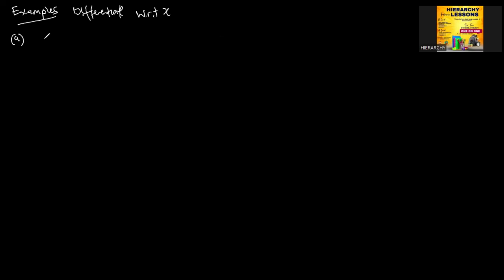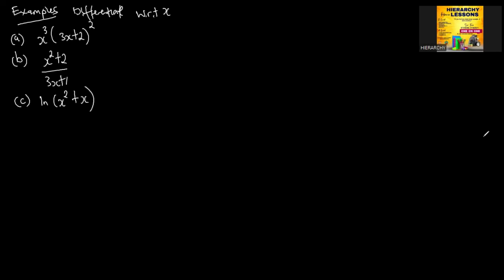A, I want to differentiate x cubed times 3x plus 2 squared. And then B, I want to differentiate x squared plus 2 over 3x plus 1. And then C, I want to differentiate ln of x squared plus x.